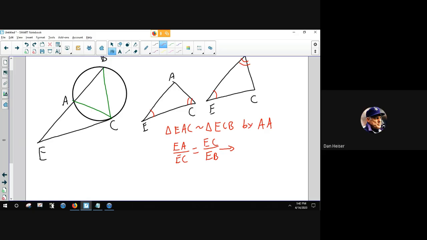And when I multiply through, I get this: EA times EB equals EC squared.